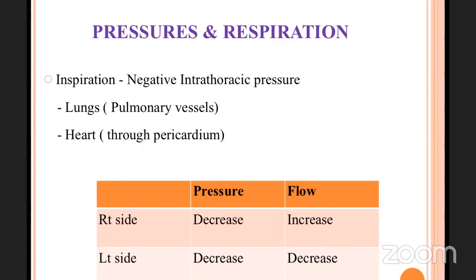During the inspiration, since the lungs expand, a lot of blood is held back in the pulmonary circulation, and there will be less return to the left side of the heart, to the left atrium and to the left ventricle. So even on the left side, there is a decrease in the pressure, both in LA as well as LV.